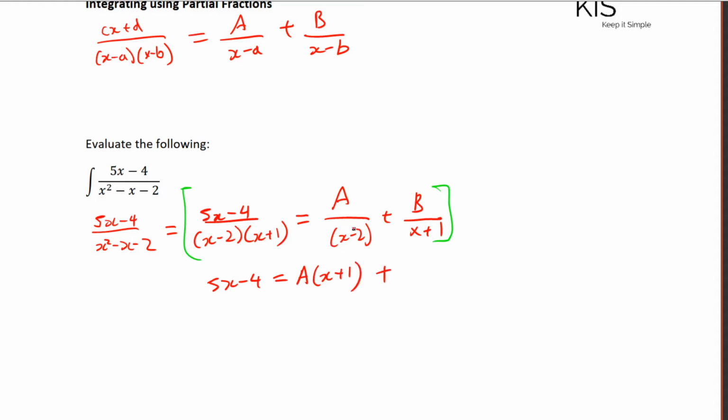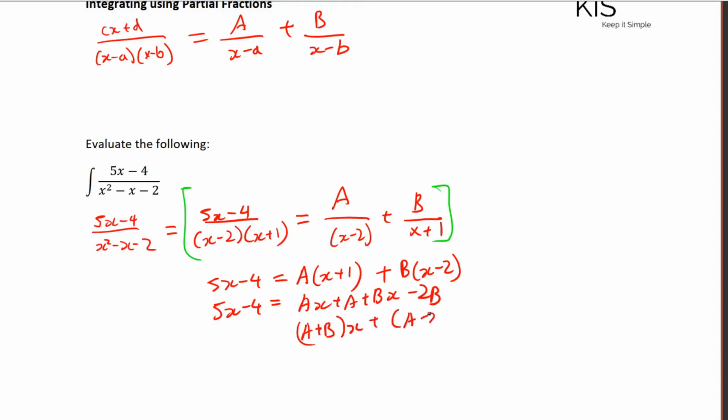And if I multiply this term by the denominator, my (x + 1)s will cancel, and I'll be left with B(x - 2). If I expand this, 5x - 4 equals Ax + A + Bx - 2B. If I collect like terms, I'll have (A + B)x + (A - 2B), and this will equal 5x - 4.